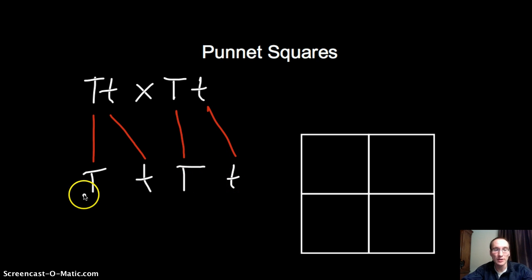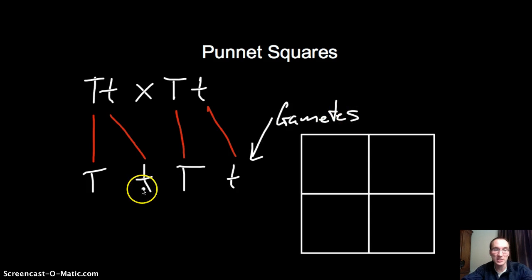Now, each dog can only pass down one allele to its child. We call these the gametes. Those are the sex cells, which is either the egg or the sperm. Each parent can only pass down one of these, and like I said, this is all about probability.